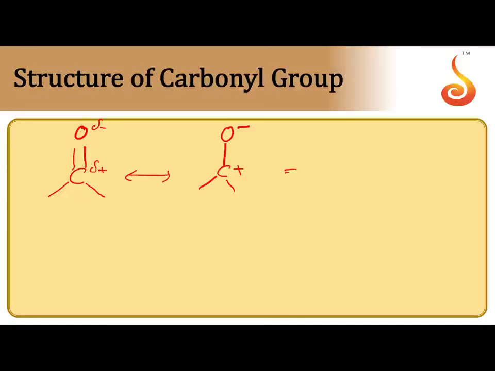If you combine these two, you get the resonance hybrid. Oxygen gets partial negative charge, carbon gets partial positive charge. Since carbon is having partial positive charge, it is philic towards electrons. That's why the carbonyl carbon of the CO group is also called electrophilic carbon.